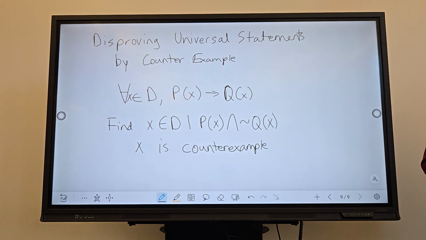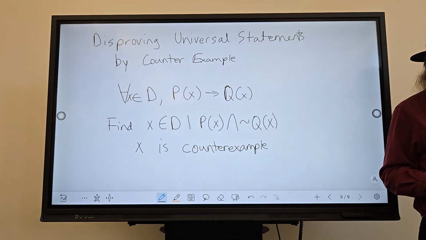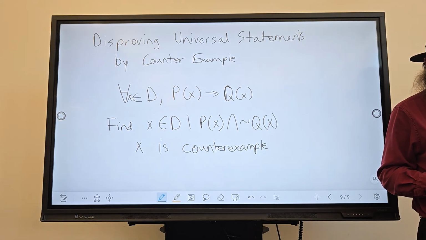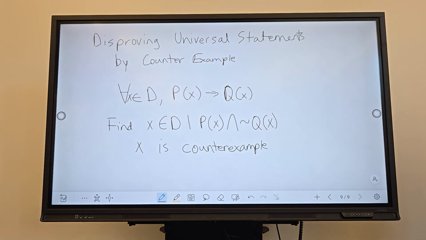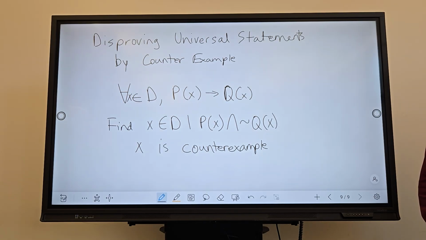Counterexample for that? If a squared equals b squared, a equals b for all real numbers. What would an example of that being wrong be? Yeah, but what would the counterexample be? Minus 1 and 1.